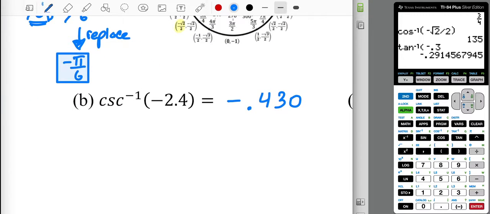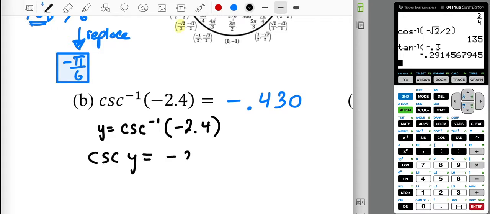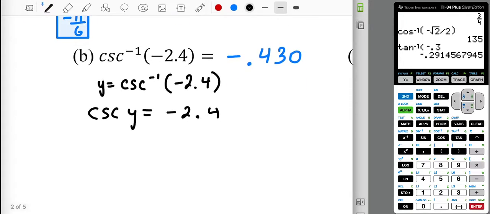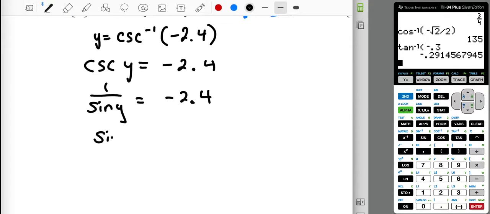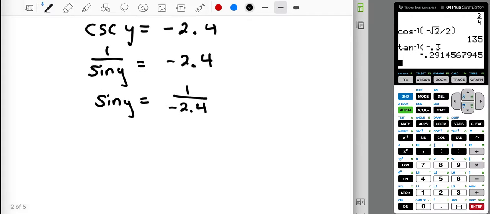So if I know that y is going to be equal to the inverse cosecant of negative 2.4, one thing I could do is take the cosecant of both sides, write this as 1 over the sine, take the reciprocal, and then find the inverse of both sides.